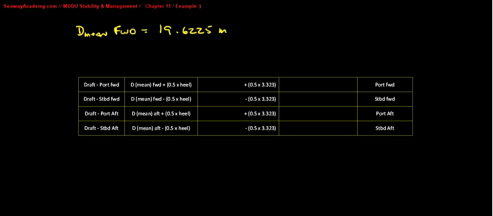For our mean draft aft, we calculate it to be 17.9775 meters. So now we can calculate our drafts on the four corners. So port forward, we take our mean draft forward, and we're going to add half of our heel. So we get a draft port forward of 21.284 meters.